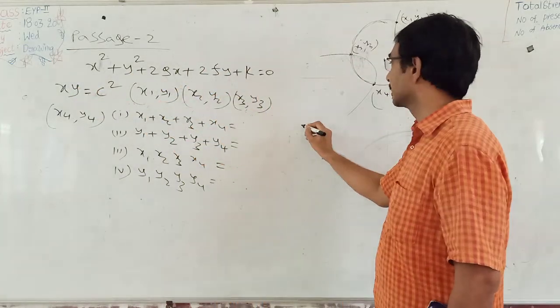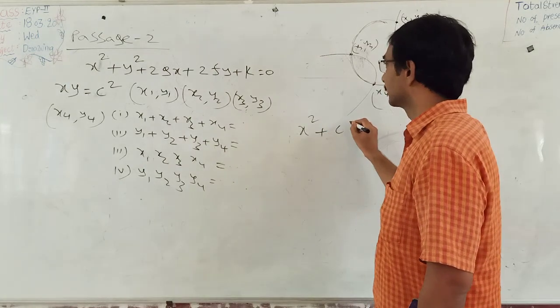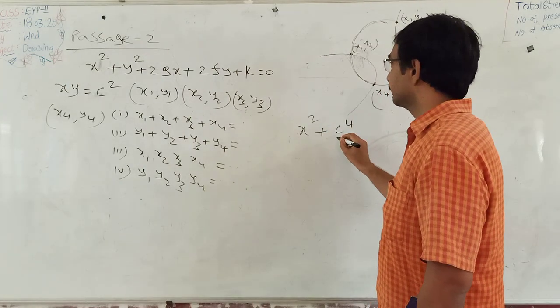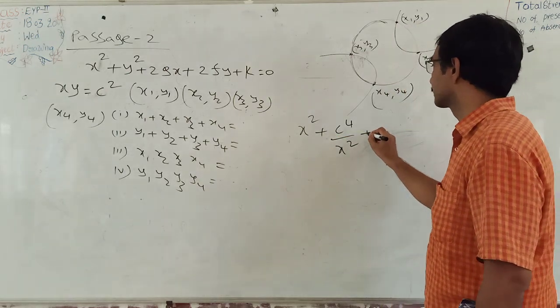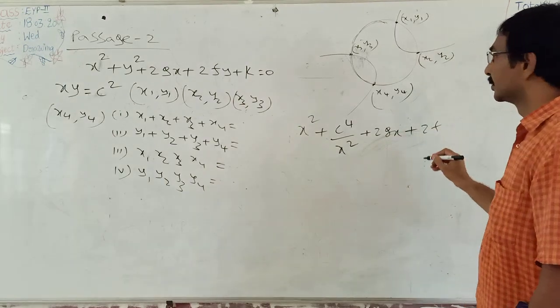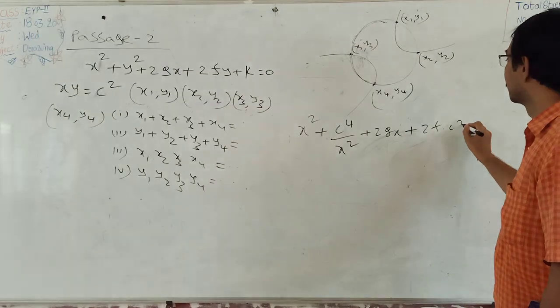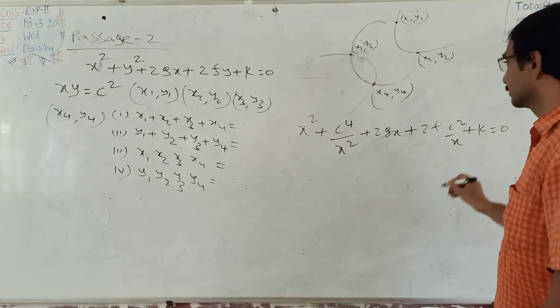Then that becomes x squared plus c power 4 by x squared plus (2gx plus 2f) into c squared by x plus k equals 0.